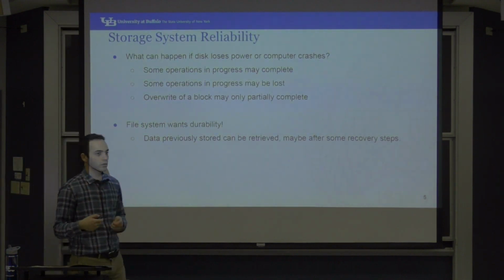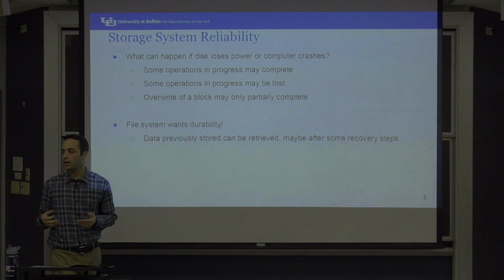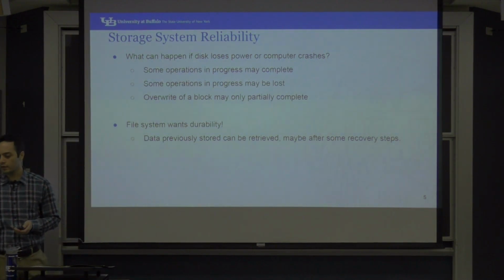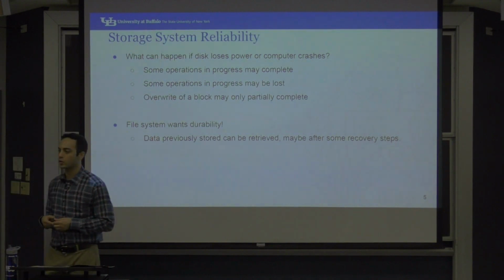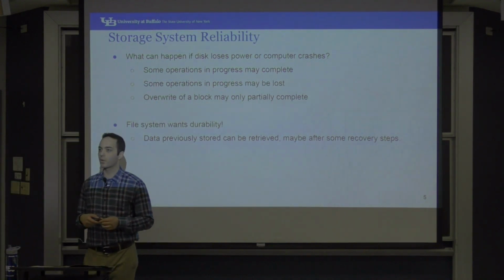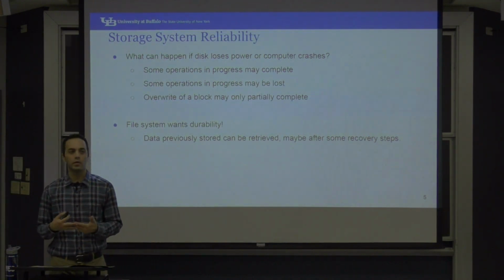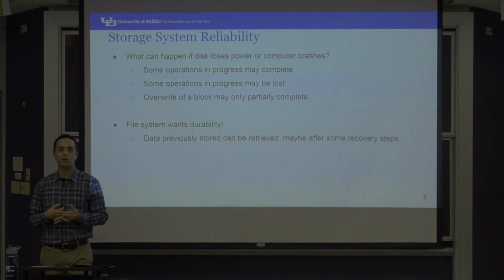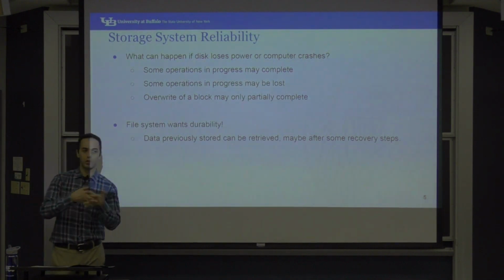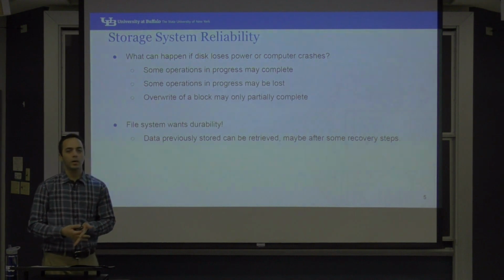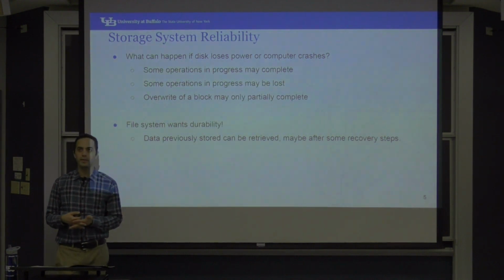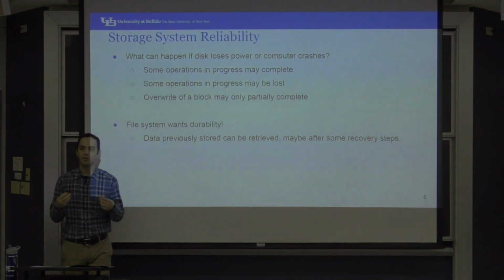Reliability basically means that you don't lose your data, right? But it is necessary to know what's going on and what the issues are. For example, if your computer just loses power in the middle of an operation or a process, some things are going to finish because there are specifications for power.